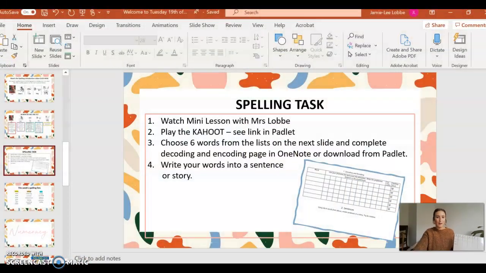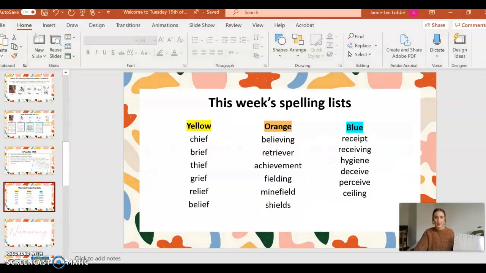All right, let's do another one. Let's do hygiene. H, I, J, E, N. H, I, J, E. And then the NE is also a digraph.